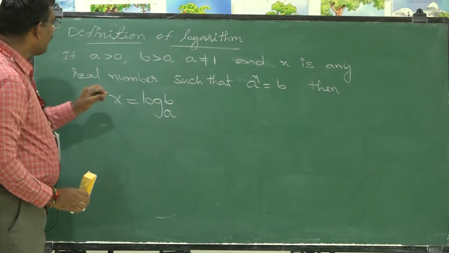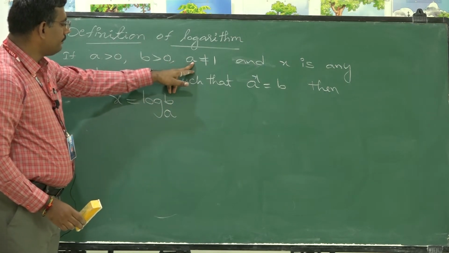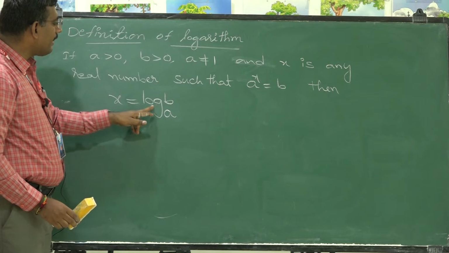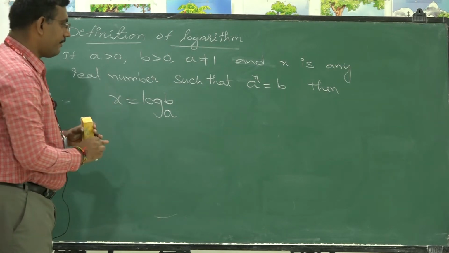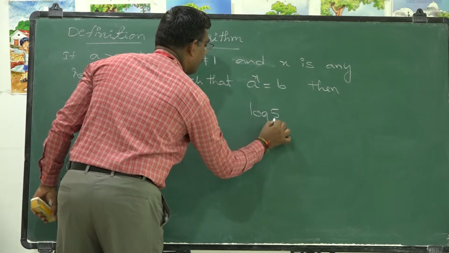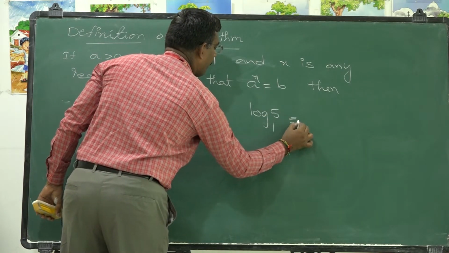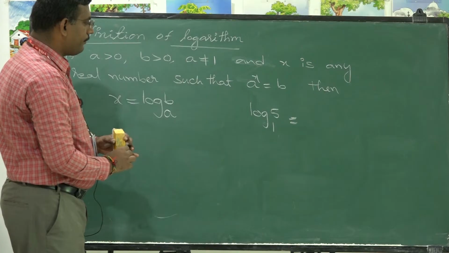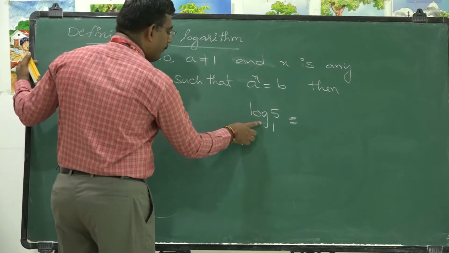So here the base is not equal to 1. If base is 1, the logarithm is not defined. For example, log 5 base 1. What is the meaning of log 5 base 1?